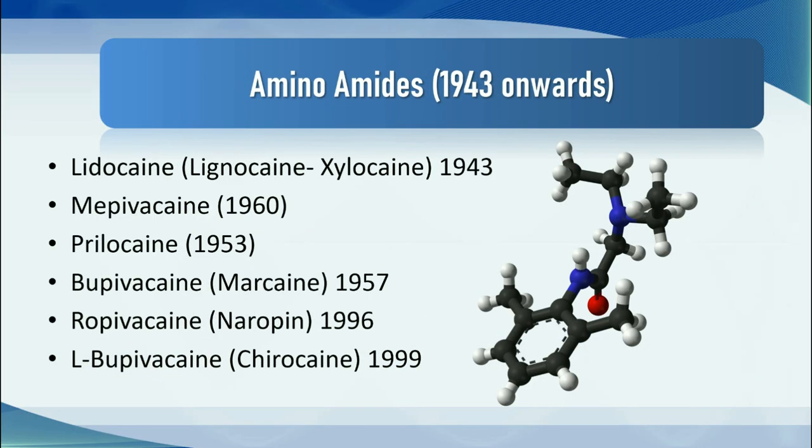From the 1940s onwards, drugs that you will be very familiar with became the de facto local anesthetics of choice. And the first and most important of all of these was lidocaine. It's also sometimes known as lignocaine, but it should be called lidocaine these days, or xylocaine, the trade name. That was followed by mepivacaine, prilocaine, and then the big one, bupivacaine in 1957.